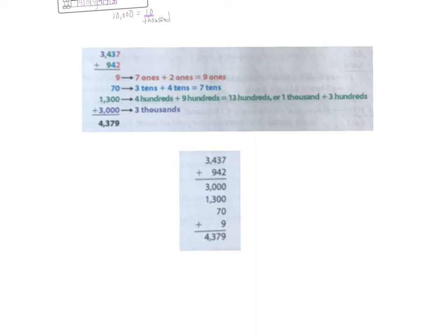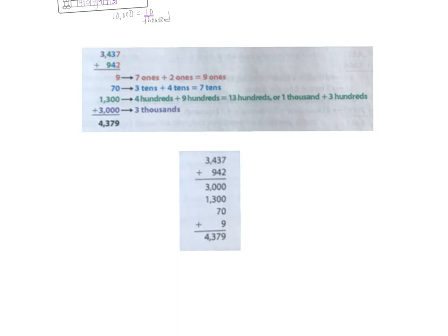And 7 ones plus 2 ones is 9 ones. And you'll get the same answer. So if you are using just basic place value and you're doing partial add-ins, you can do it this way and get the correct answer.